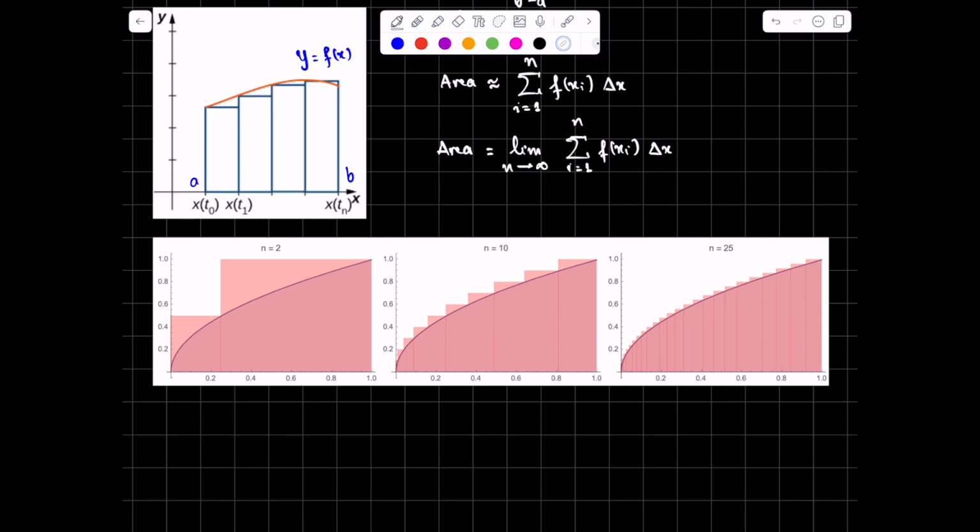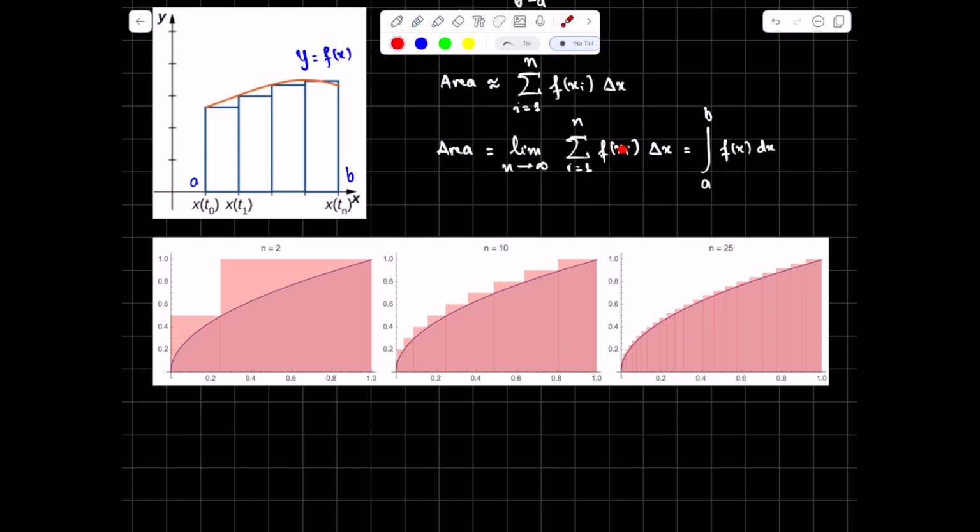And at the end, instead of working with the limit of the summation, or the limit of the Riemann sum, we turn this complicated formula into something easier to manage. That is the definite integral. So we write this as the definite integral from a to b of f of x dx.